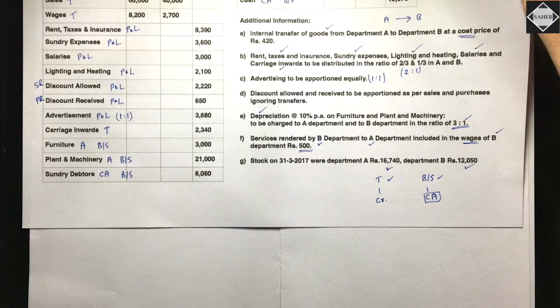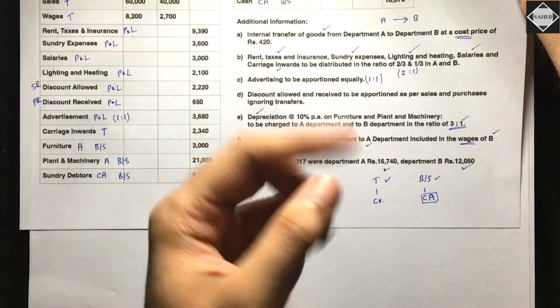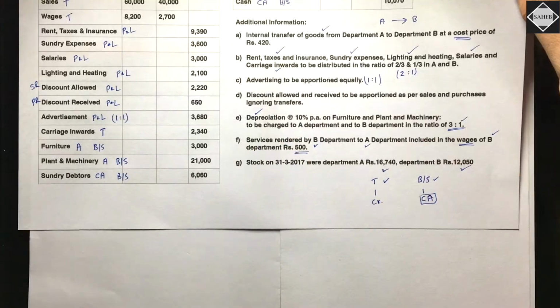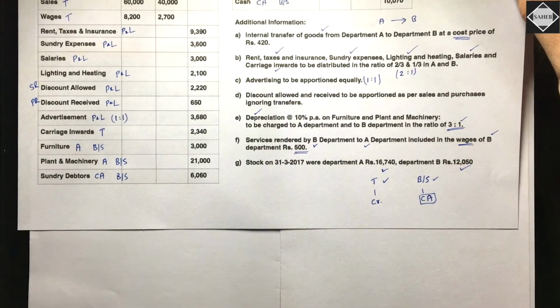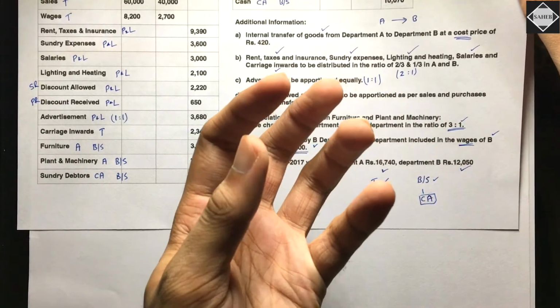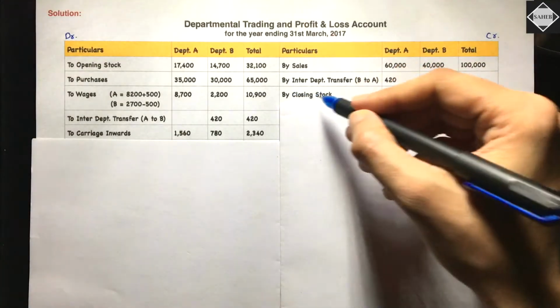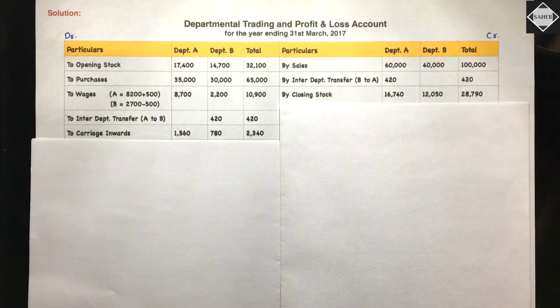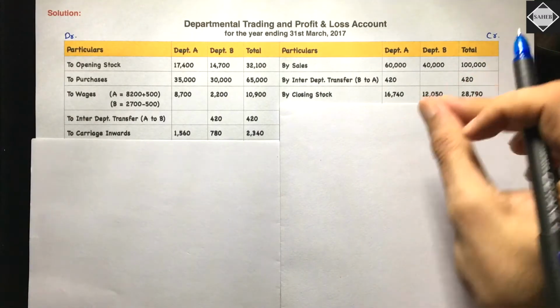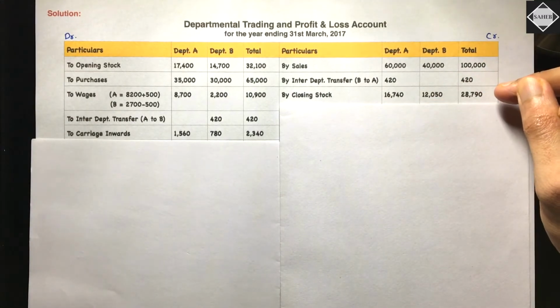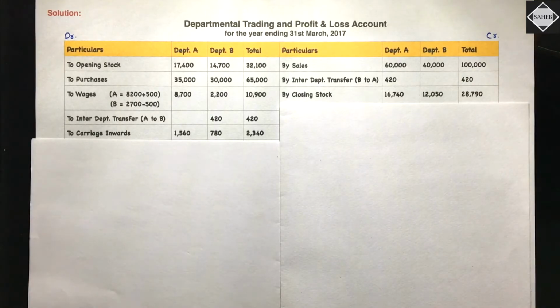Do you know? We take it in two places. You all know this. One in the trading account on the credit side, and then in the balance sheet as well as a current asset, because this is unsold stock which is left at last. So see here, closing stock will come over here by closing stock 16,740 and 12,050 rupees. If you add those two, that's equal to this 28,790. Clear? Okay, we are done now.